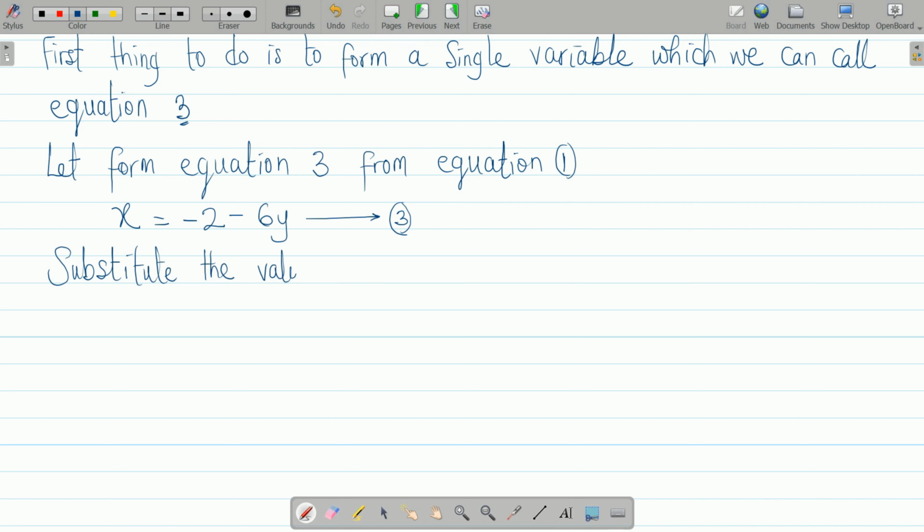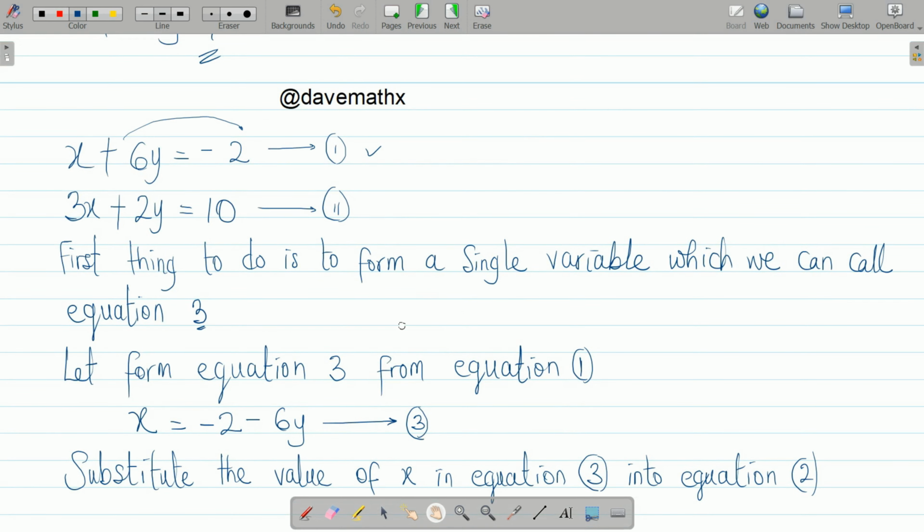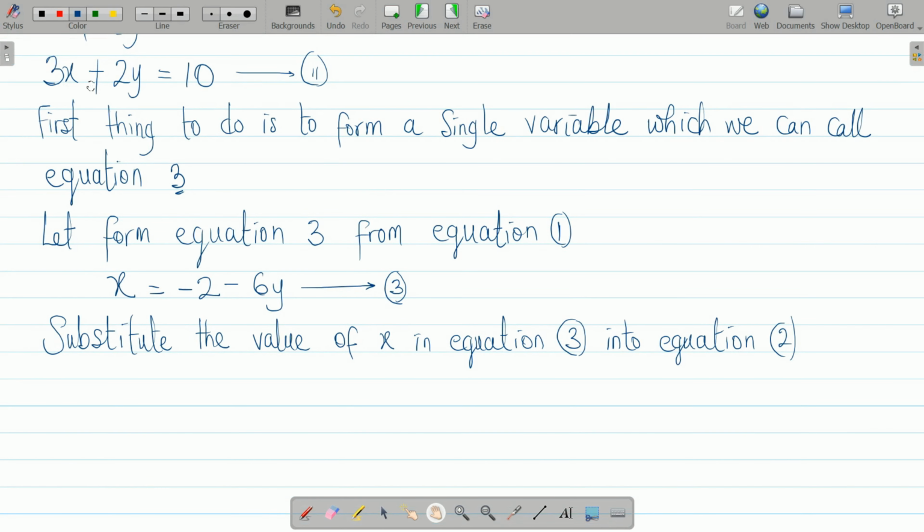Then we substitute the value of x in equation 3 into equation 2. Then we can write out the expression of equation 2. That's 3x plus 2y equals 10.